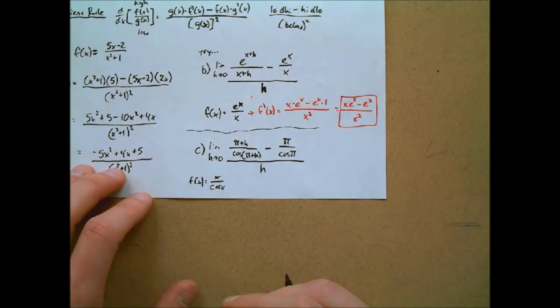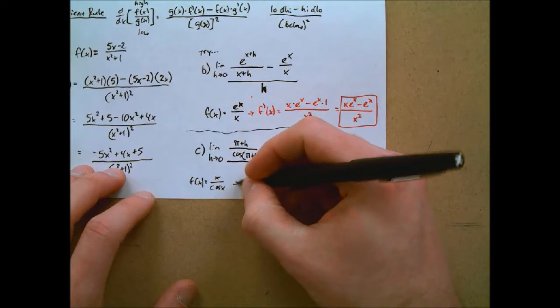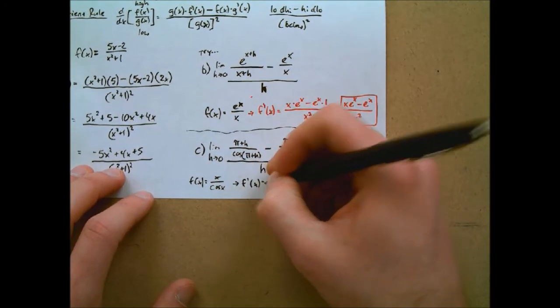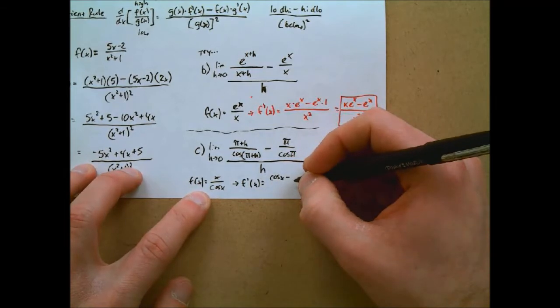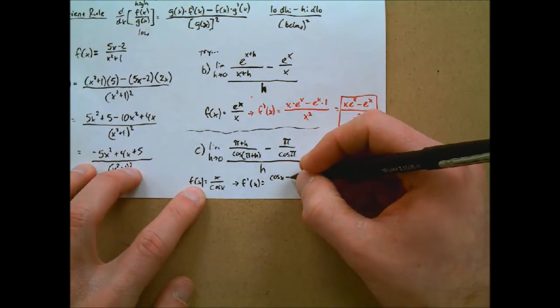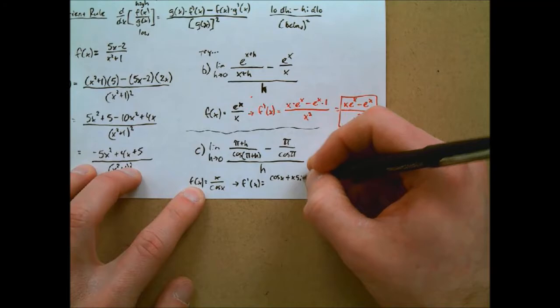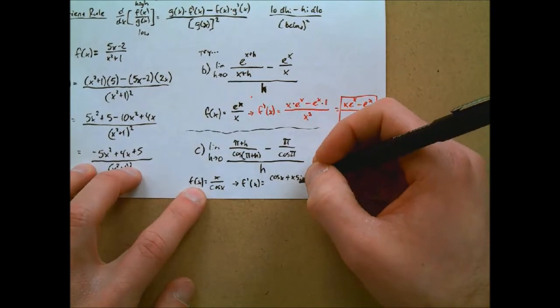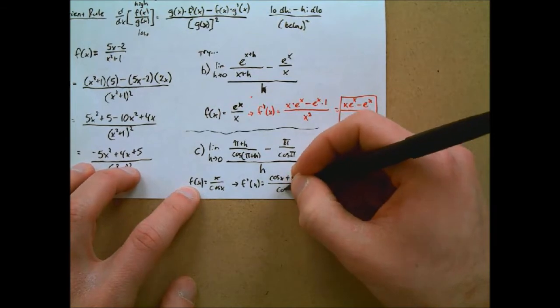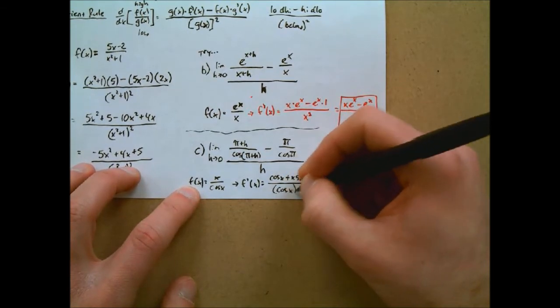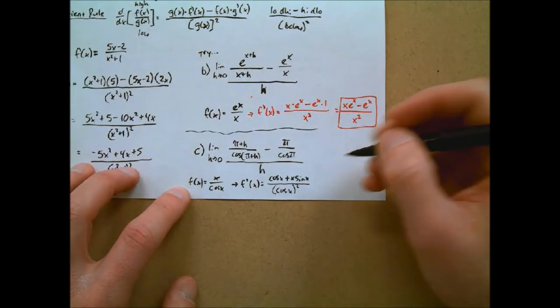We then take the derivative. The derivative of cosine is negative sine, so it's going to be plus x sine x, all over the bottom squared. And then you plug in pi for your x.